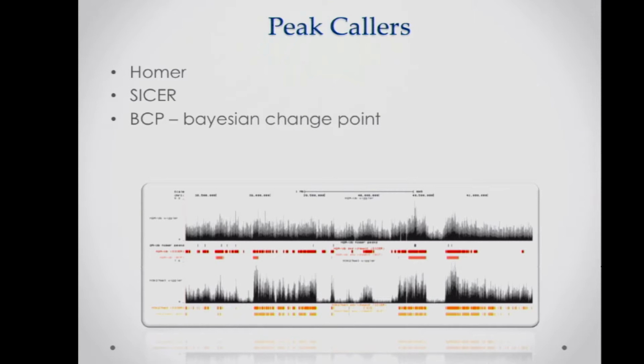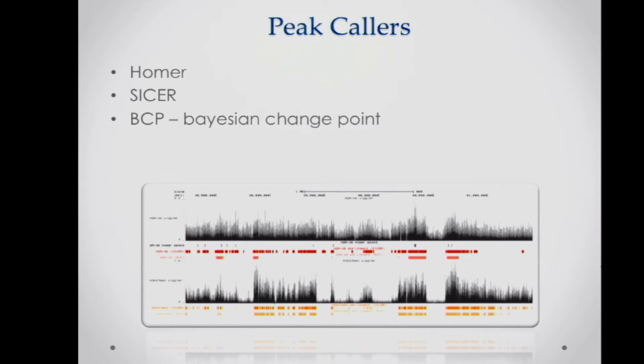Here are some tools, Homer and Sizer and this other Bayesian change point tool, that try to emphasize broader peak formation. So this is some somewhat noisy H2 ubiquitin sites, and then this is K27 trimethylation. These tools are trying to call peaks on those regions.